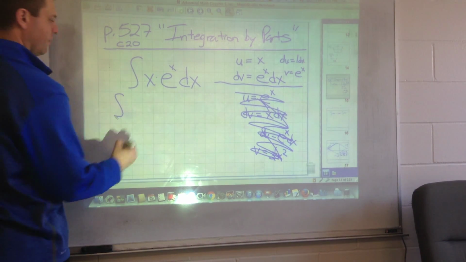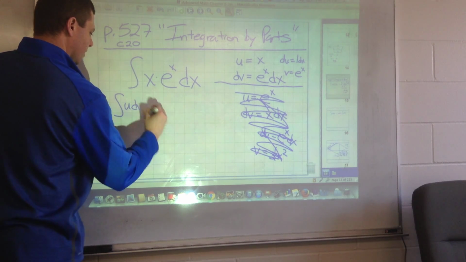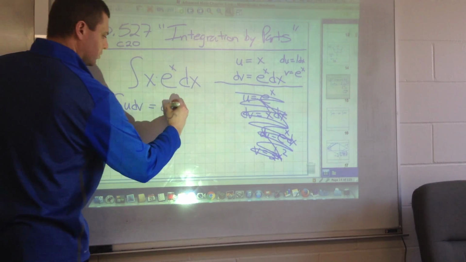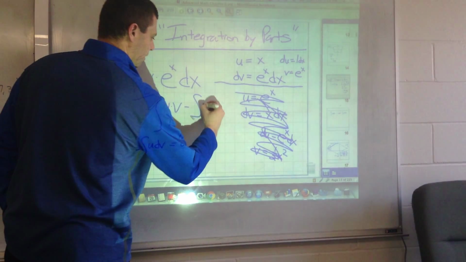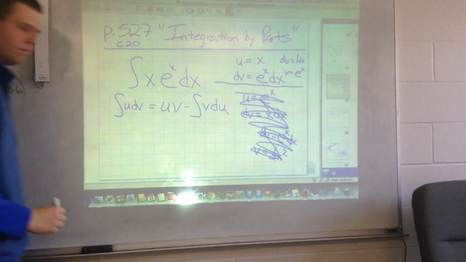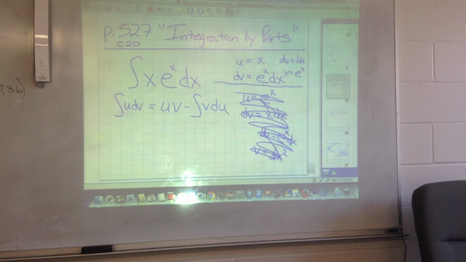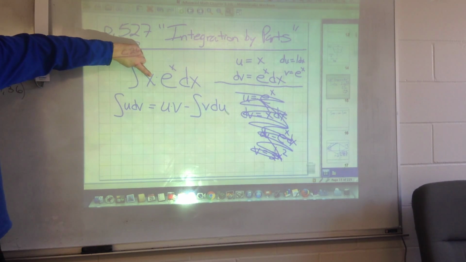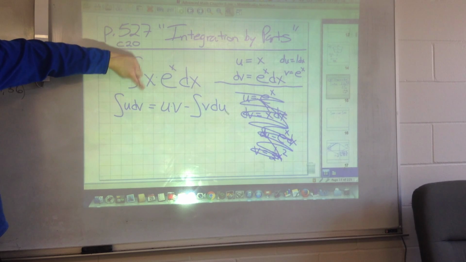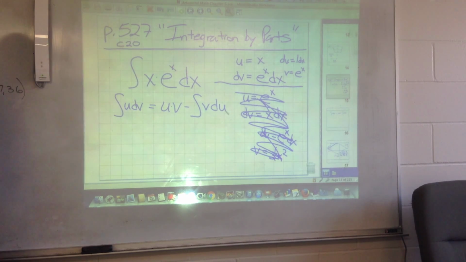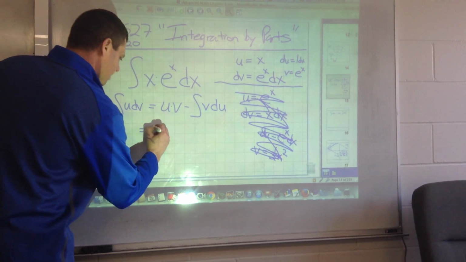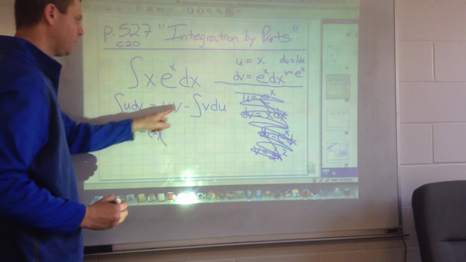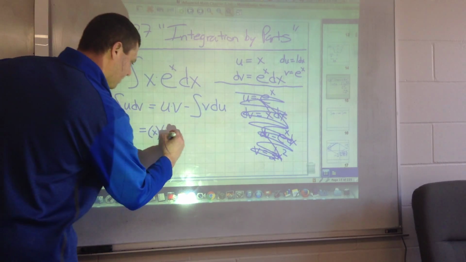So the antiderivative of u dv equals u times v minus the integral of v du. That's our rule for integration by parts. Okay? So, I've set u equal to x, and I've set dv equal to e to the x dx. So really, here's what I have. u times v, so e to the x, right?